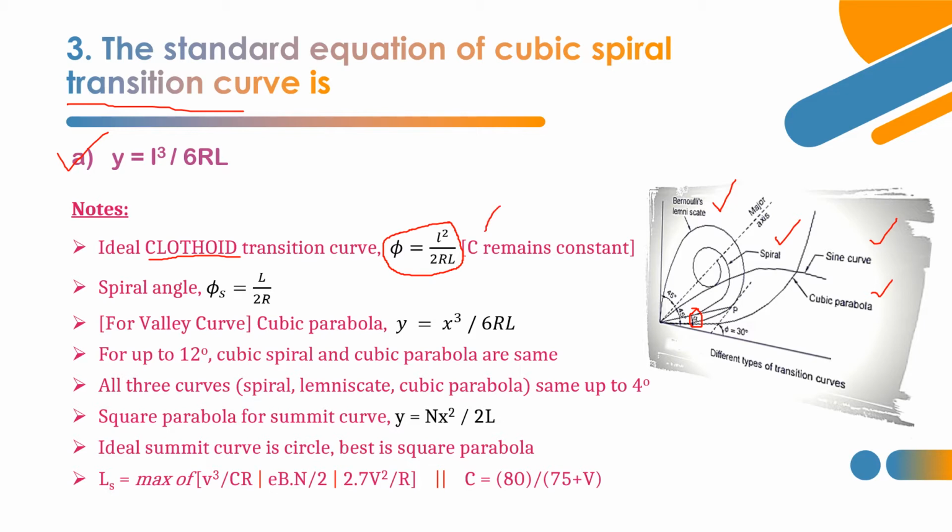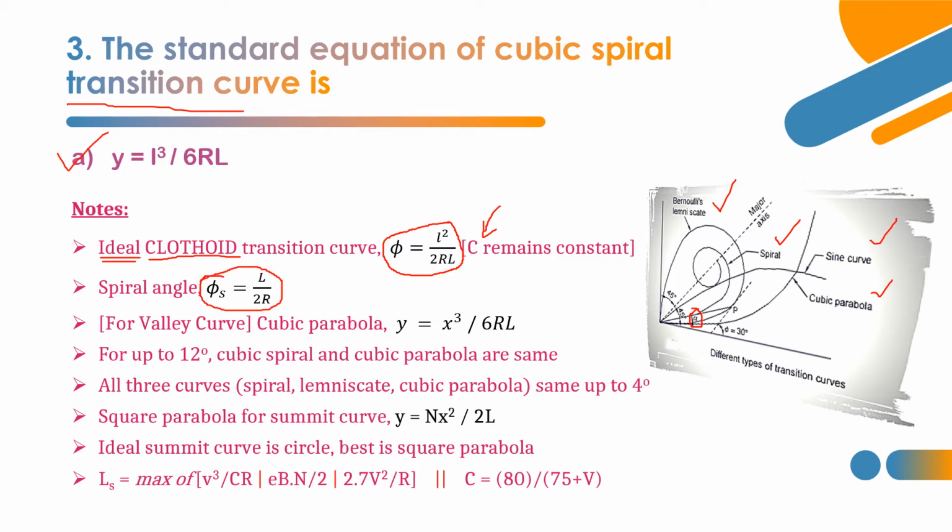Because this C remains constant. What is C? Radial acceleration. So the radial acceleration C value, meter per second square per second, the rate of change of radial acceleration, remains constant in case of clothoid transition curve. So that's why this clothoid or spiral curve is identified as the ideal transition curve. And the spiral angle is given by this formula: L by 2R.